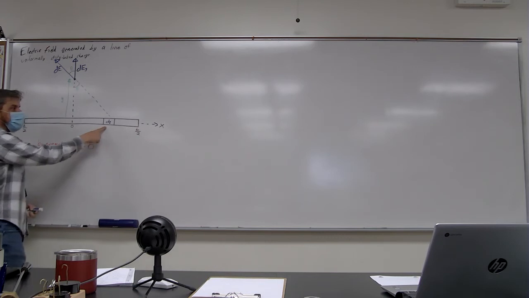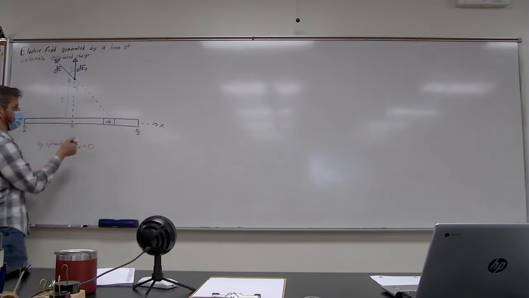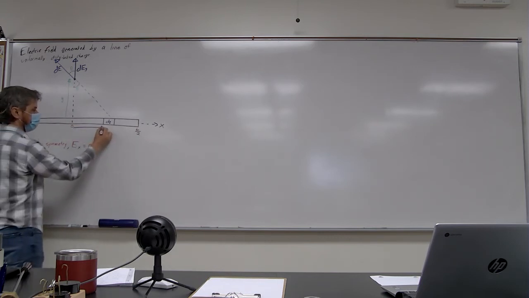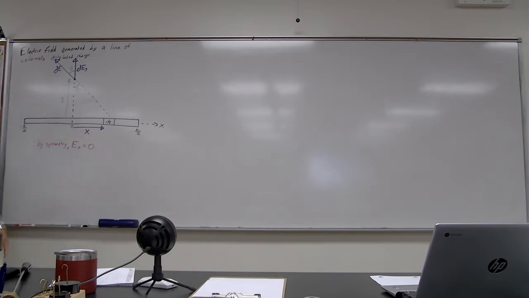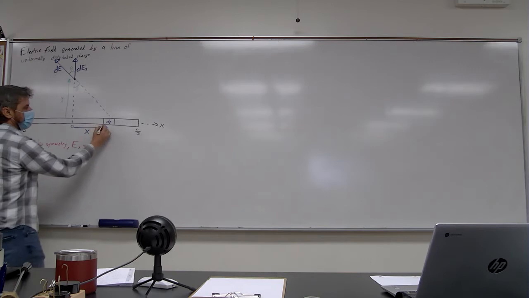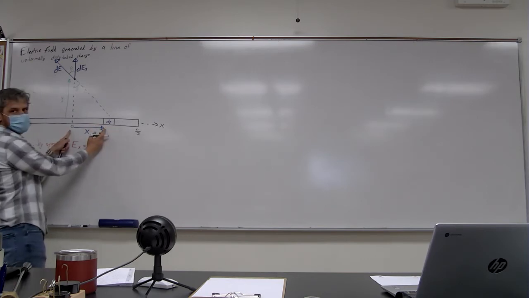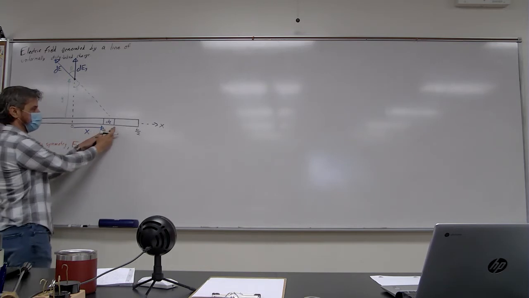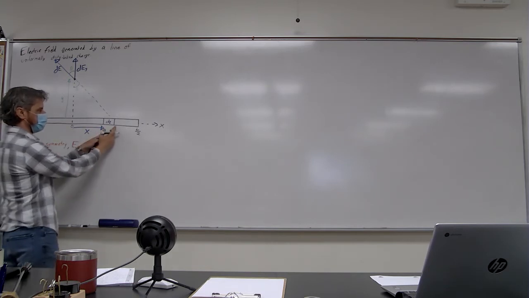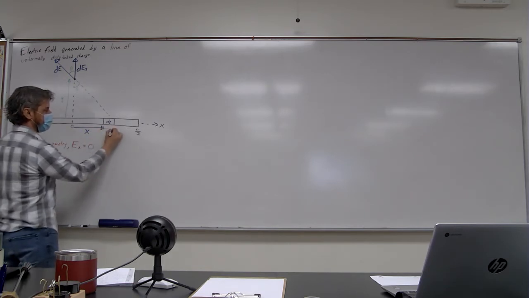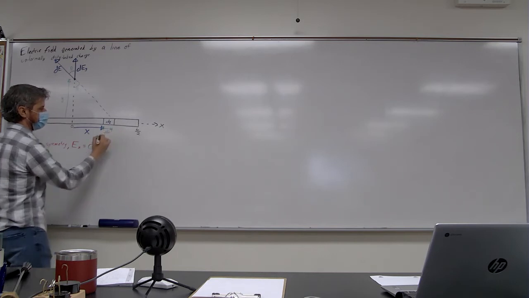I need to indicate the position of dq on the x-axis with the position vector x. dq itself, if I take x final minus x initial, I get delta x, right? You get the segment. This length minus that length is that length. But because it's infinitesimally tiny, that's a little tiny dx.